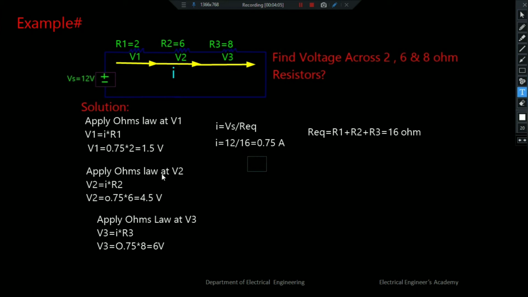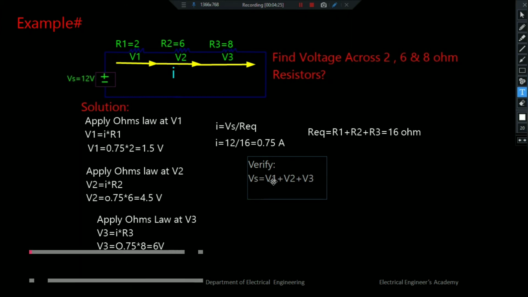So I will verify that. Vs is equal to V1 plus V2 plus V3. If left hand side is equal to right hand side, then our answer is correct, otherwise not.